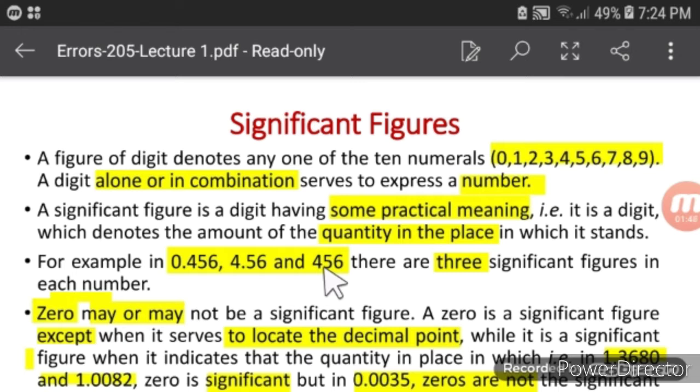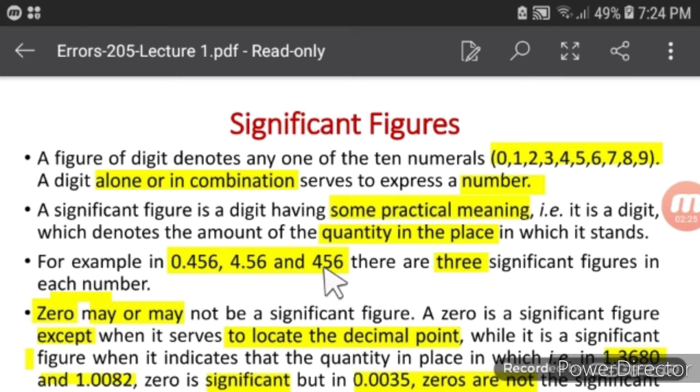But how can you tell which digits are significant or not? In the first value, 0.456, the 0 point is just to locate the decimal, so it is not included in the significant figures. Here 0 is a non-significant figure. So the first thing is clear that this 0 is non-significant.